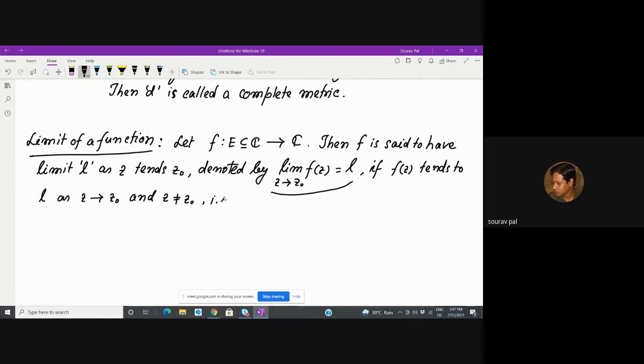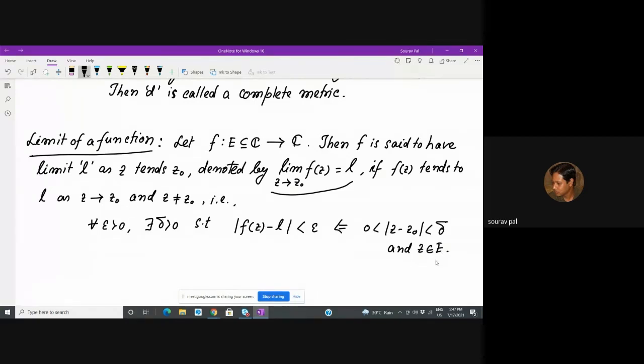In mathematical notation, we say that for every epsilon positive, you can find a delta positive such that this is implied by the following, where z has to belong to E.